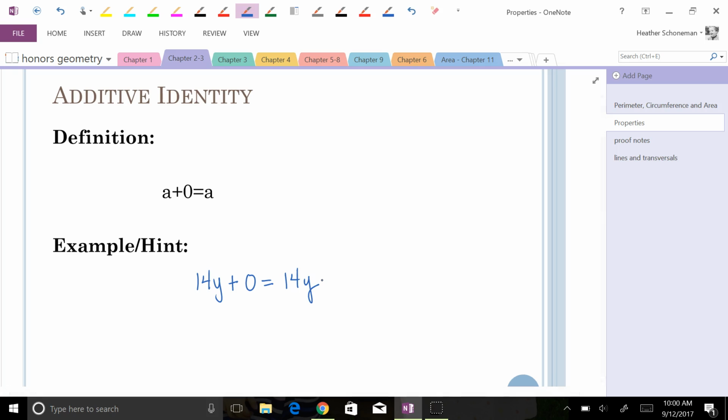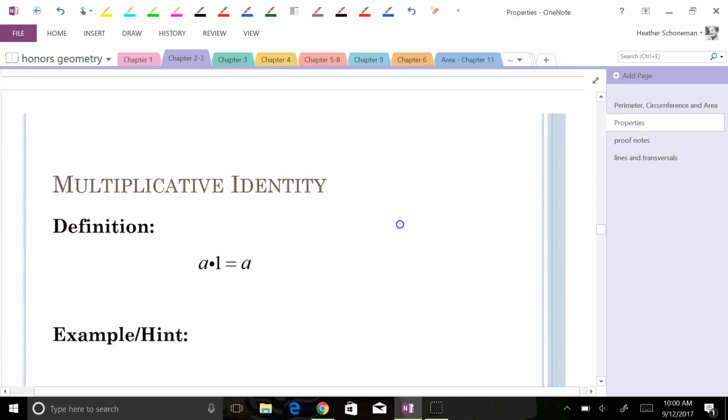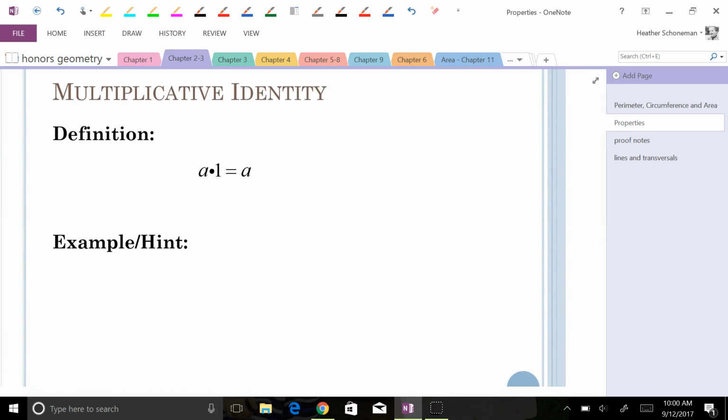So the multiplicative identity is not multiplying by 0, but multiplying by 1. If you have 4x and you multiply it by 1, you're still going to have 4x. Multiplicative identity.